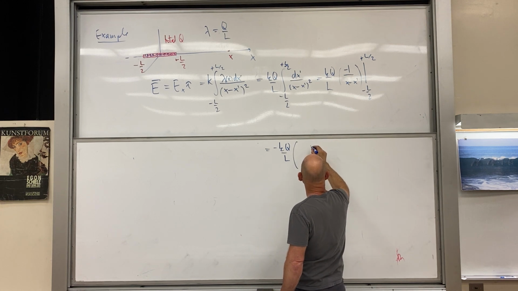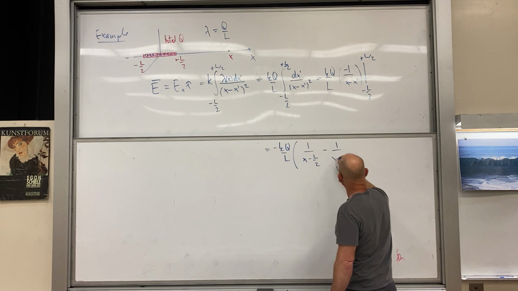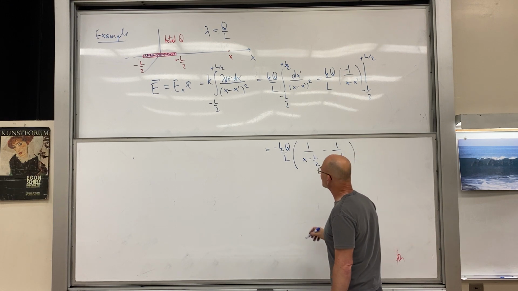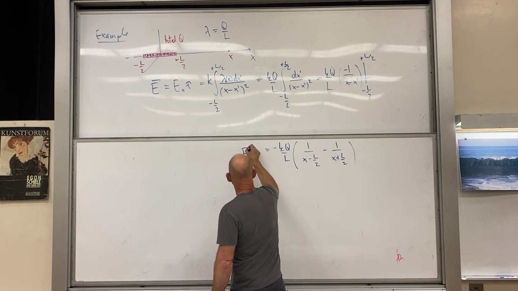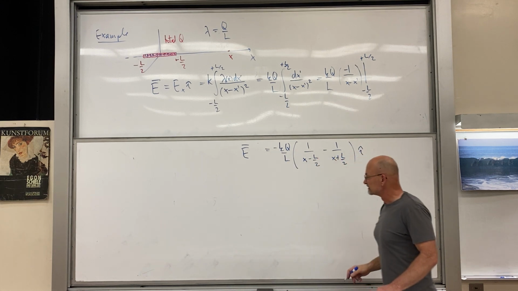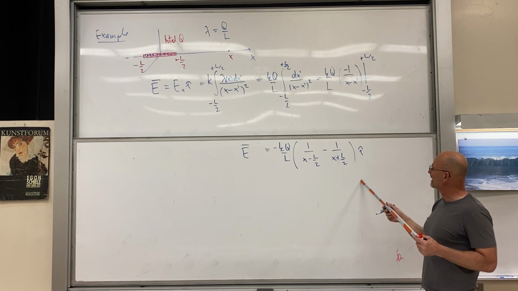We have 1 over x minus L over 2 minus 1 over x minus negative, which is plus L over 2, times i hat.